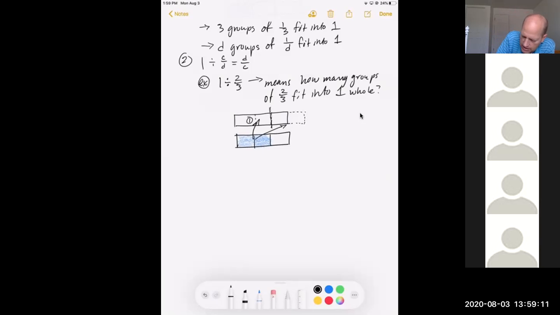Okay. So then I need to ask this question. I'm going to use a dashed line here. That's where it would be if it was that long, it'd be 2 whole groups, but it's not. It's only part of it. So here's my thought. How much of a group of 2/3 is this 1/3?